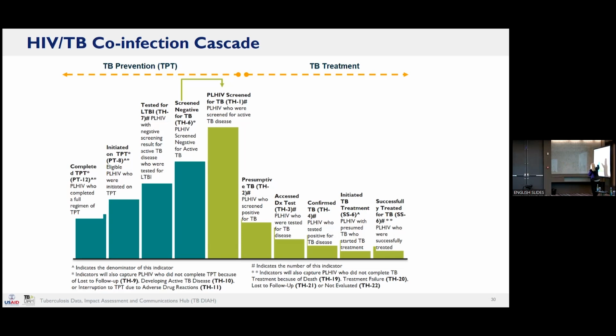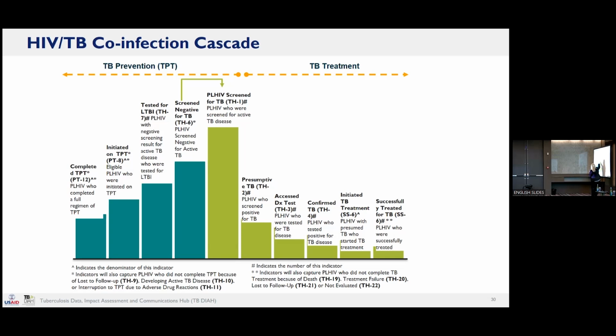In the cascade of treatment, out of those who were screened for TB, how many tested positive, and how many passed through the test for TB, and those who tested positive for TB and presumed TB, etc.